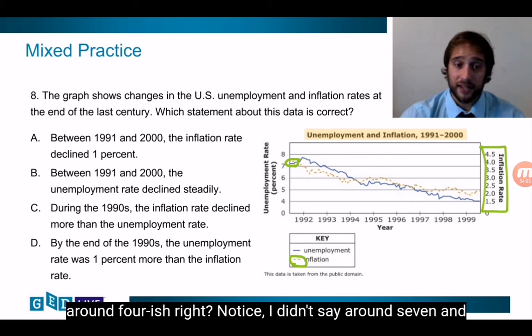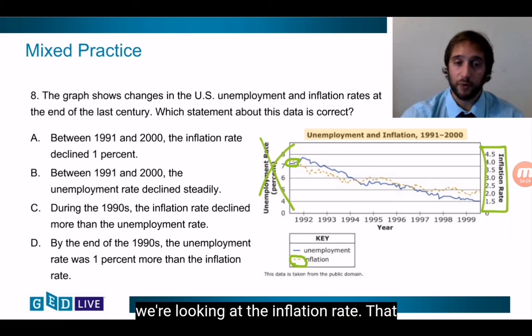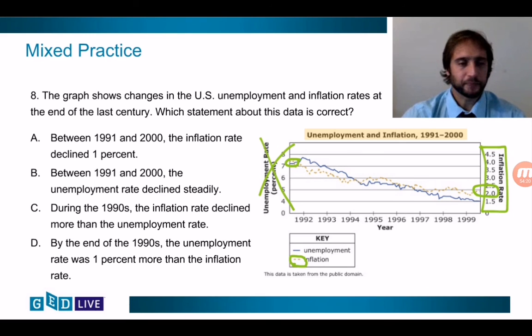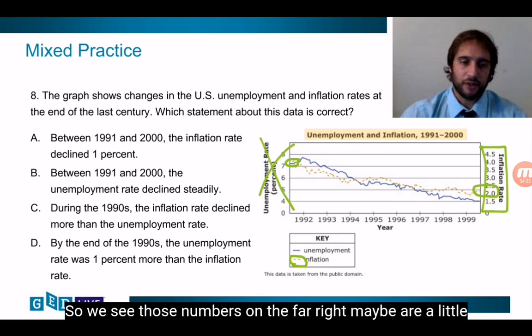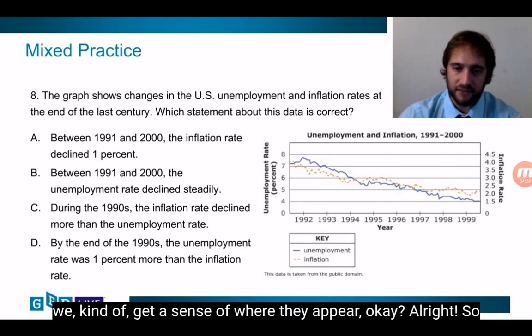Notice I didn't say around 7.5 because we don't care about this stuff over here if we're looking at the inflation rate. Instead, it starts about 4 and it ends up about, I guess, a little bit greater than 2. So we see those numbers on the far right maybe are a little bit off of the actual lines, but we can say we get a sense of where they appear.